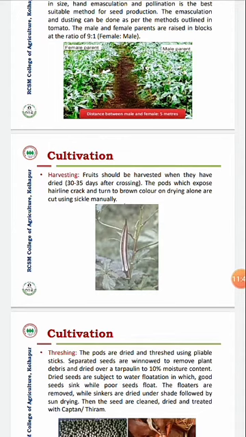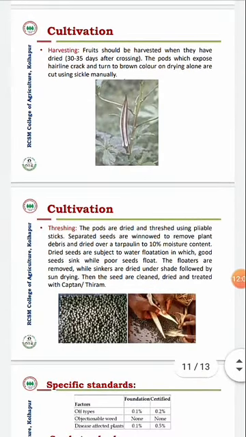In that situation, these fruits are harvested, using a sickle, or cut from the plant and collected in a bag. After that, they are dried for 1 or 2 days, and then taken for threshing.